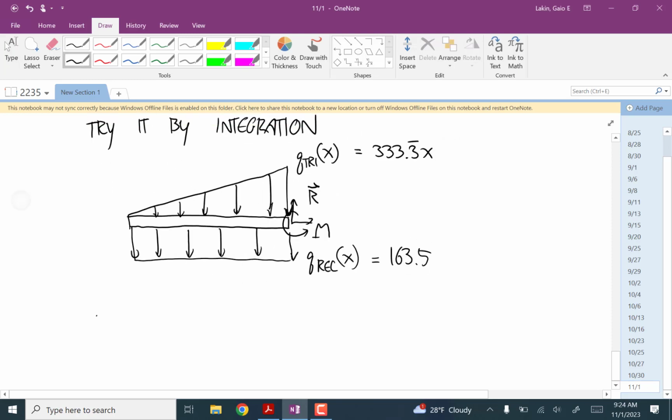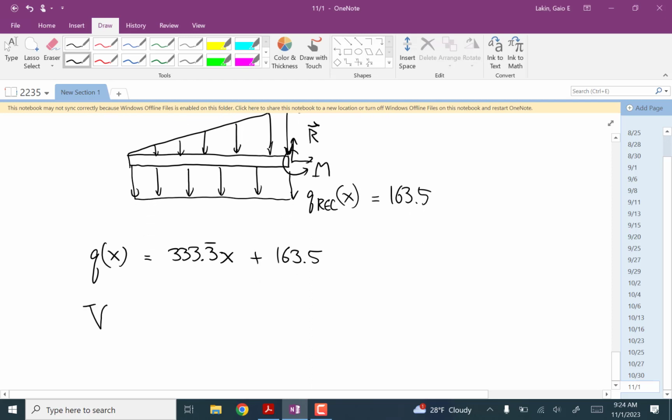Okay, well, the total Q is the sum of these two. So 333.3x plus 163.5.